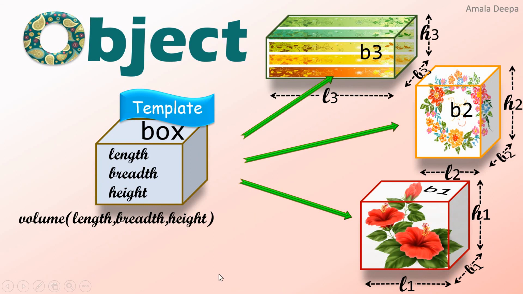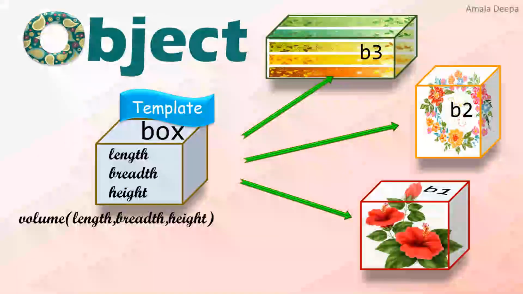Since all these objects are created from this template, these objects have the same attributes of this template, that is length, breadth, and height, so that now I can get rid of all these variables. From this, it must be clear to you that abstraction simplifies things.